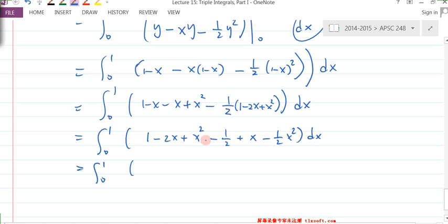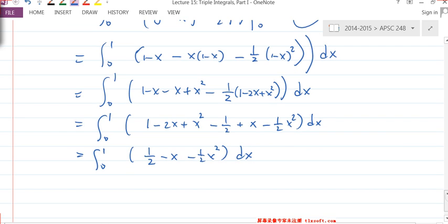Simplification. 1 minus 1 half, 1 half. And negative 2x plus x is x. X squared minus this, 1 half x squared dx. Okay, so I think a lot of you probably will go from here and separate this one integral into 3 single ones, right? You can do that, no problem at all. And as a matter of fact, you can also do this.